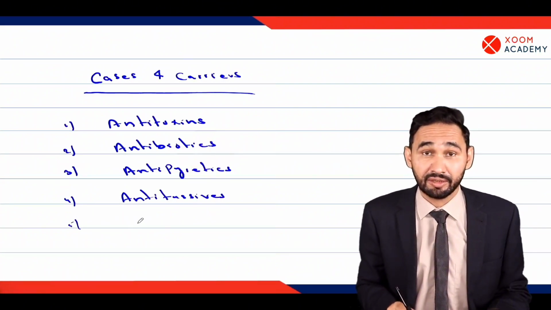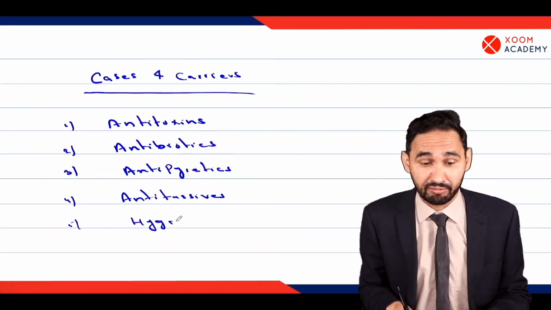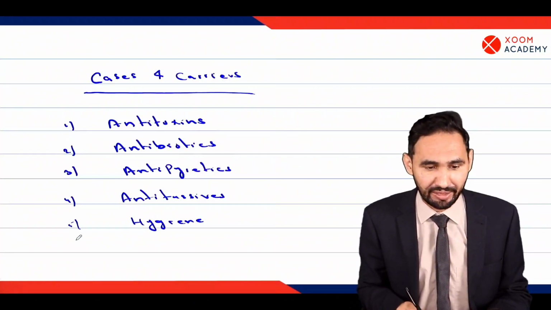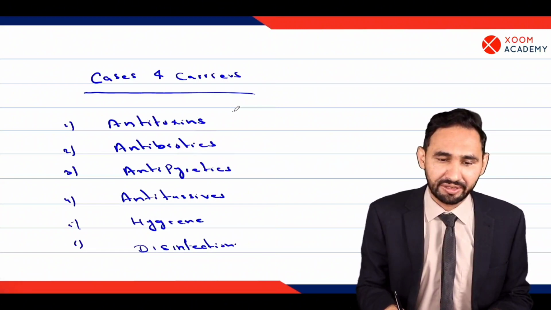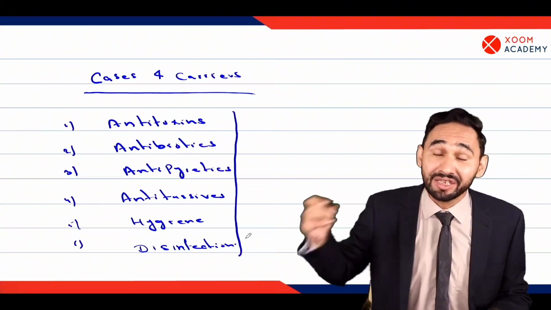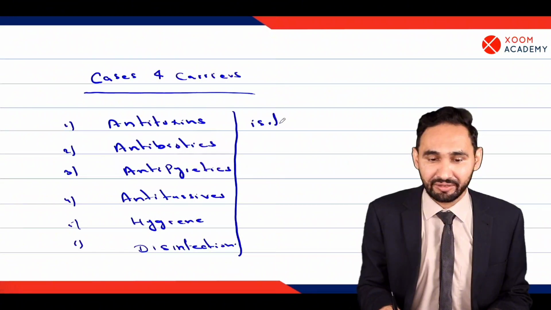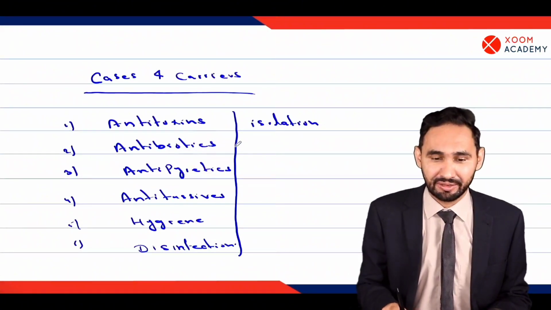Plus, we can also improve hygiene and disinfection. But before giving all this treatment, we need to isolate the diphtheria patient or the carriers. First we'll isolate, then we'll treat.